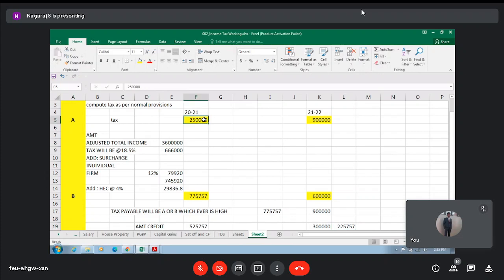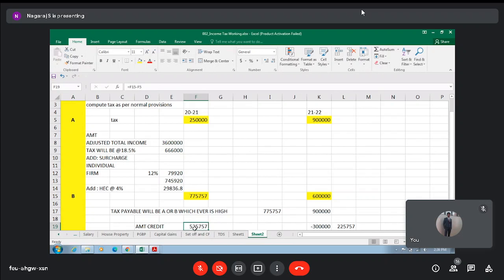The tax as per normal provision or tax as per AMT, whichever is higher you need to pay. That is the first question they may ask. Second thing, how much AMT credit can be carried forward? Carried forward credit is nothing but the difference of AMT amount and the normal provision. That is the amount of AMT credit they can carry forward.